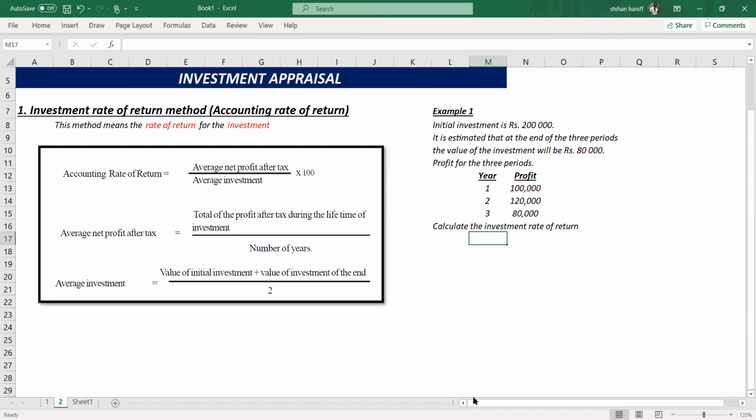Now calculate the investment rate of return. Just apply this equation. Get the average profit and average investment. Very simple.